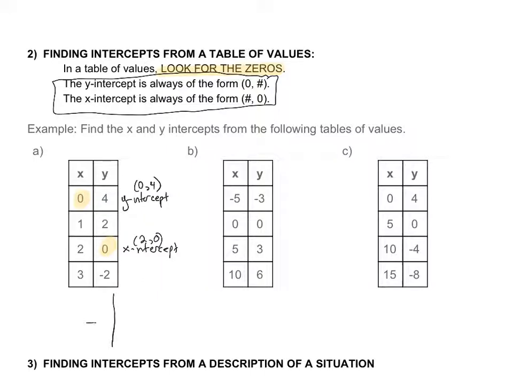But like I said, if you blank out, you can always plot the points. 0, comma 4 is right here, which is sitting on the y-axis, so it's the y-intercept. And 2, comma 0 is sitting right here, which is on the x-axis. So at any point, you can always just plot those and see which one it's on.